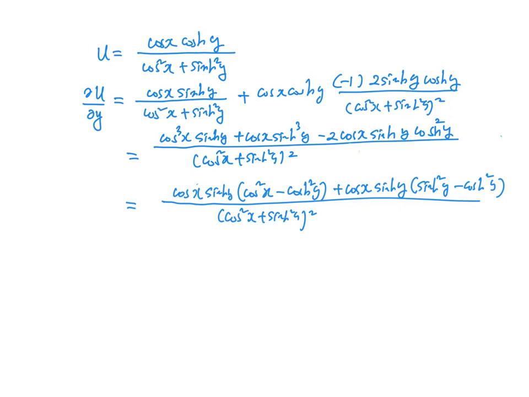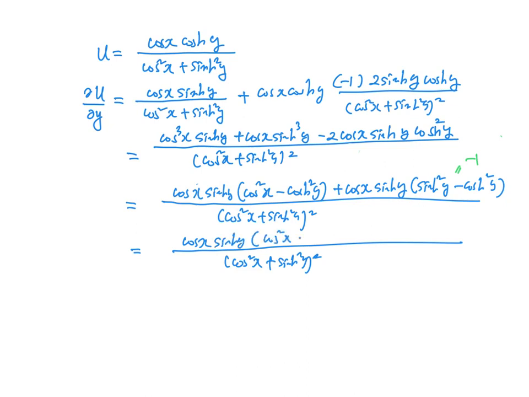So it's not 1, but this part. And this becomes minus 1, right? So cosine square x plus sine hyperbolic square y square, cosine x sine hyperbolic square y, cosine square x minus cosine hyperbolic square y minus 1.